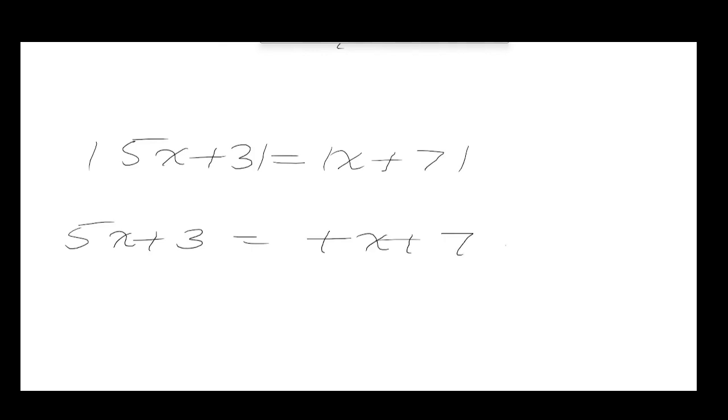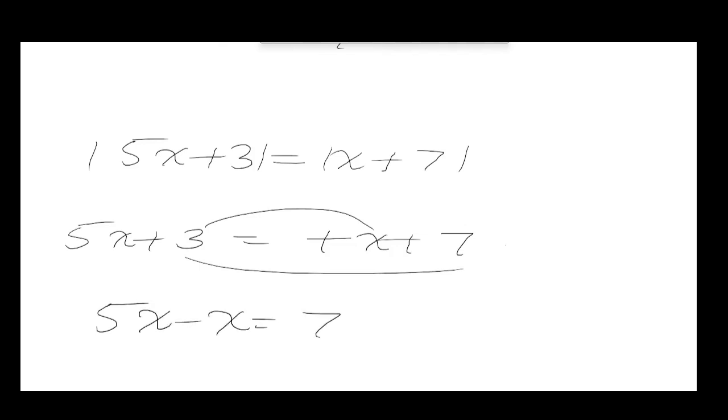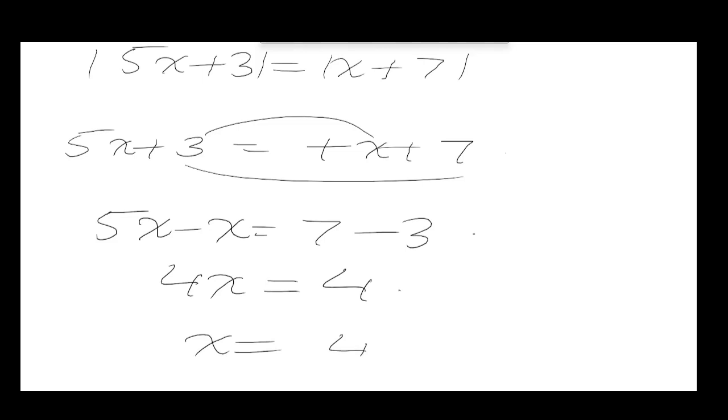And then if it is changed, it's going to be negative x plus 7. We're going to do that later on. So first 5x plus 3, this x will come here, this will go there. 5x minus x will be equal to 7 minus 3. So we get 4x is equal to 4. So now x will be 4 divided by 4, which is 1.